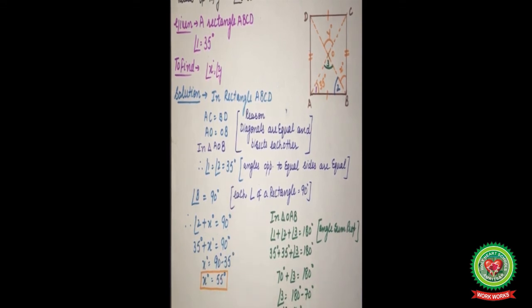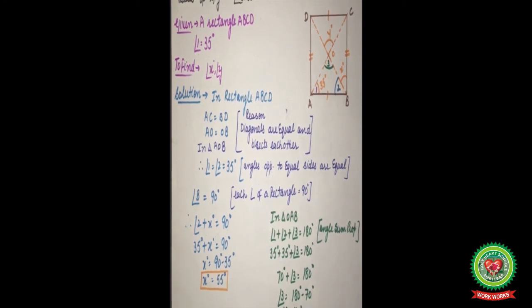So on substituting the value of angle 2, we get 35 degrees plus x is equal to 90 degrees. So we are going to shift 35 degrees to the other side. So on shifting, we get x equal to 90 degrees minus 35 degrees. So therefore x is equal to 55 degrees.